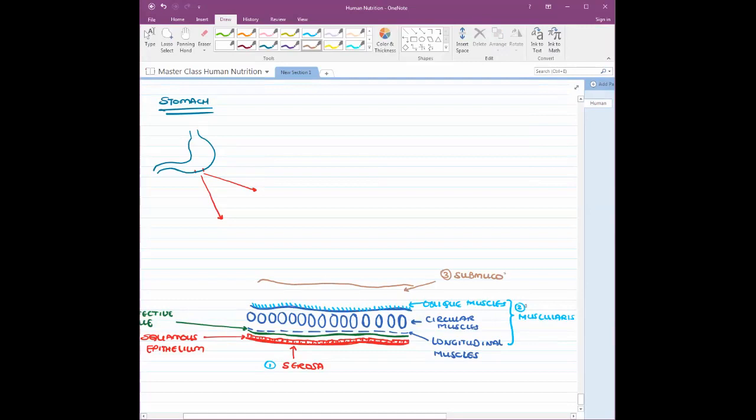Submucosa means it is below the mucous layer, because on top of this we are going to see the mucosa. So on the top we have mucosa, and this is below the mucosa, so submucosa.